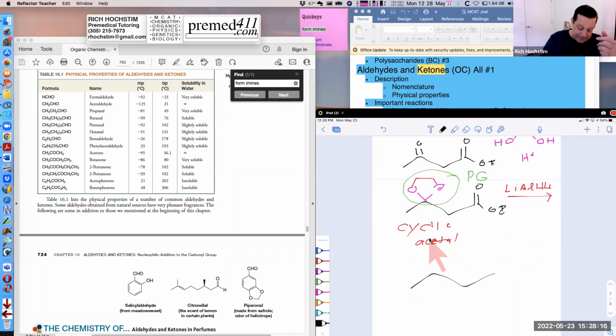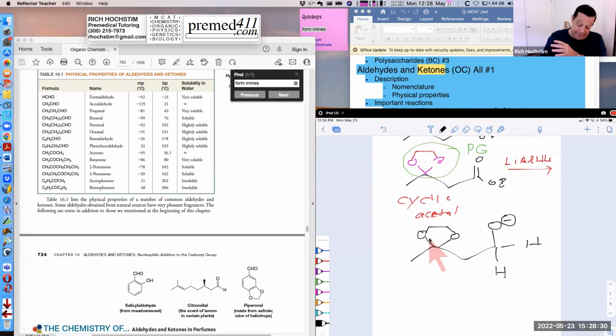So what will happen is this will turn into this. And as far as the protecting group, it will remain just as it is. And then all we need to do is take this and react it with H3O+.